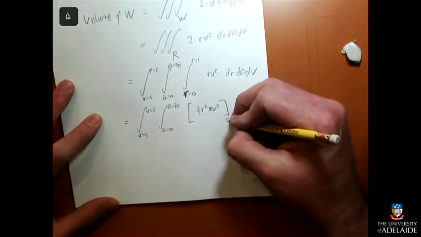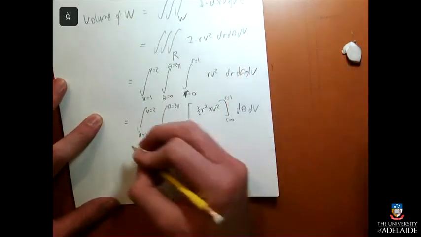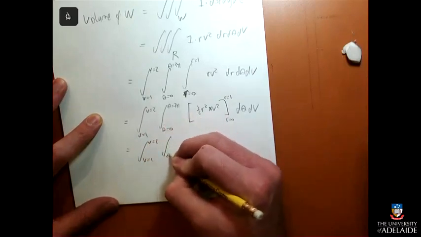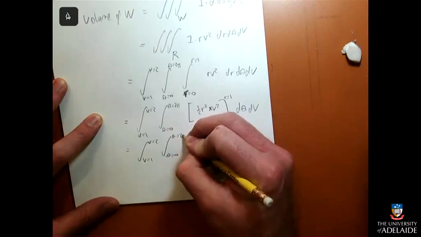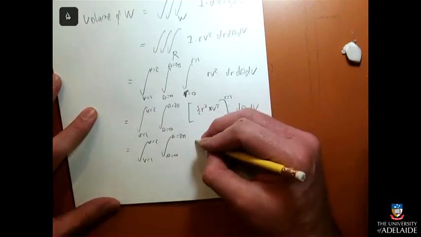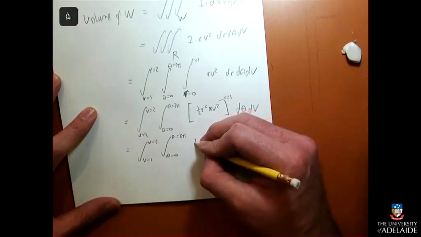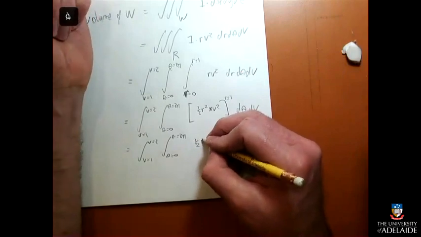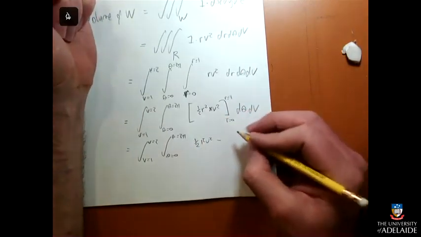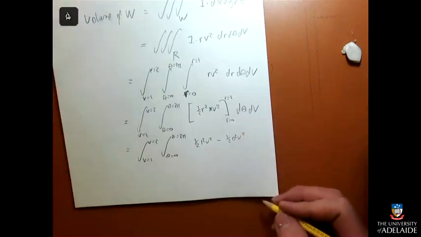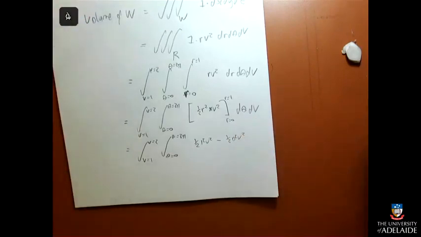And this will go from R equals 0 up to R equals 1. And when I sub in them both, I get half of 1 squared times V squared minus a half of 0 squared times V squared. So I could probably skip that working and go straight to the answer if I was feeling comfortable.